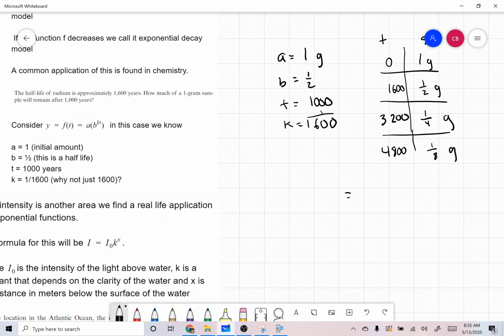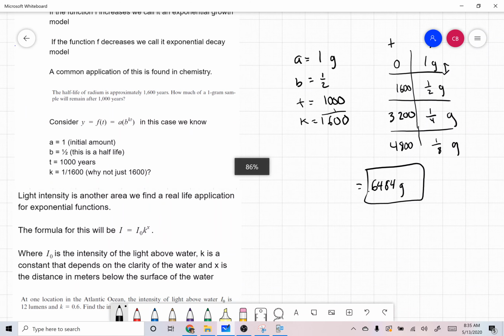So this is equal to 0.6484 grams. Now that makes sense because we're somewhere between 1 gram and 1/2 of a gram. And so this seems like a plausible answer for this, and I'm almost positive it is right, so we should be good to go.